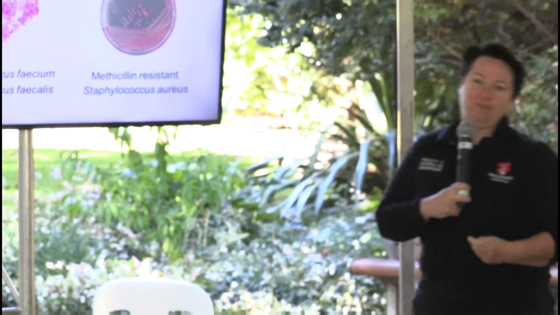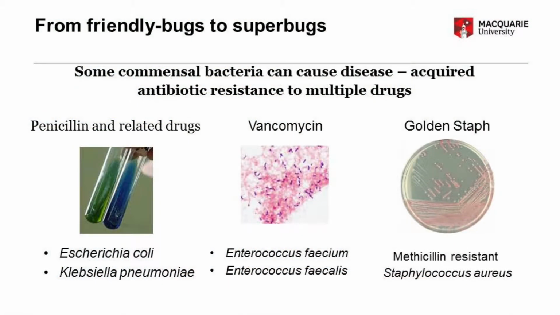We still have friendly types of, say, E. coli, but we have more of the types of E. coli that can actually cause disease. And the same for other ones. And so the one you might be really familiar with is golden staph or MRSA, okay? And a lot of these organisms are actually just out in the environment. They don't always have to be involved with what we would call a host or whatever they're infecting.